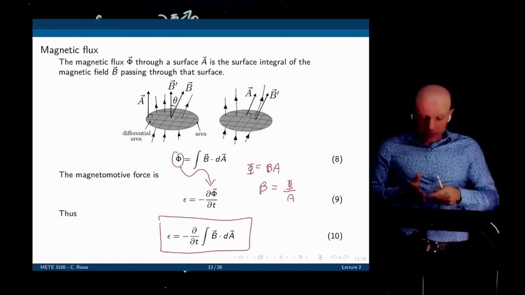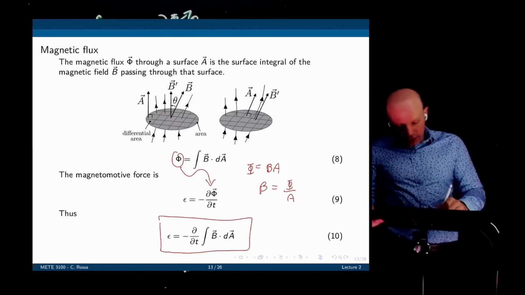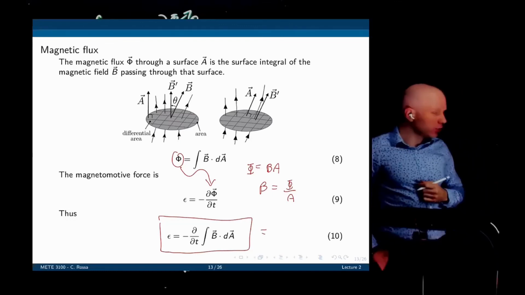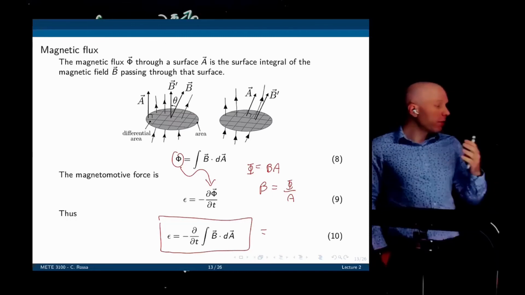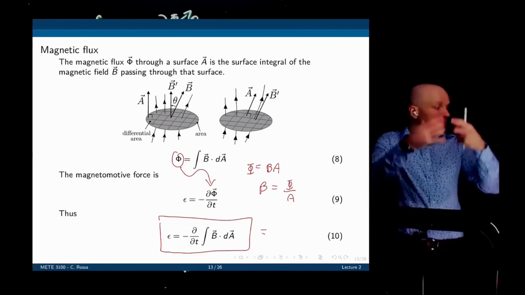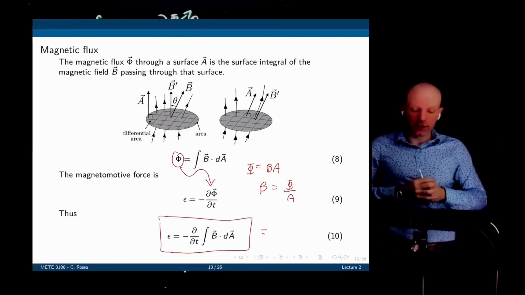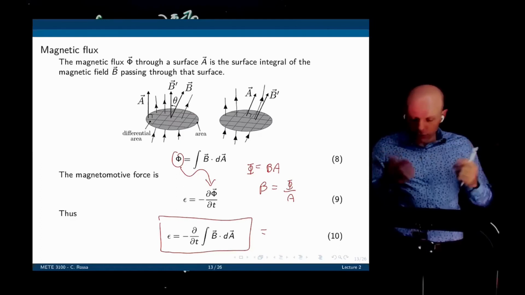Remember that BA is simply phi for a constant area. This goes back to equation 9. So depending on the size of our circuit and the intensity of the magnetic field, both of these quantities will define the amount of induced EMF.